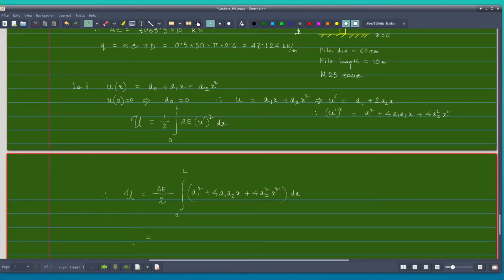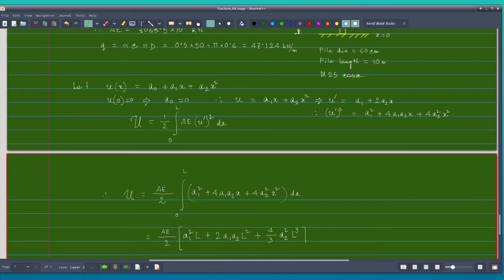And when I do this integration, I get straightforward AE by 2 into, I'll have A1 square L plus 4 A1 A2 L square by 2, so it will be 2 A1 A2 L square, right, plus this is 4 A2 square L cube by 3, so 4 by 3 A2 square L cube.